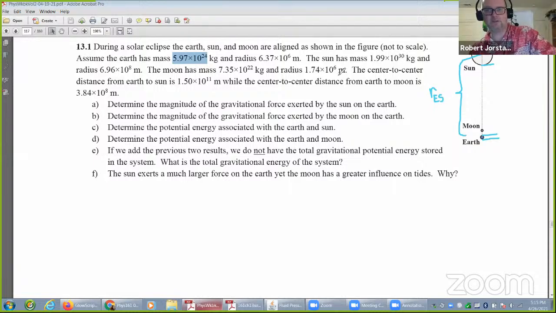No, look at it. The planet is about 1 million meters. The sun's radius is about 700 million meters, but the distance between them is like 150 billion, right?